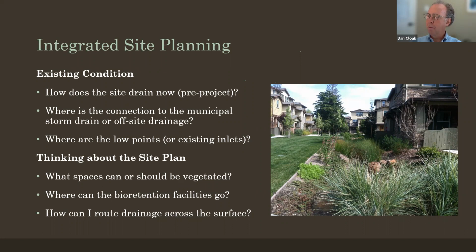And as difficult as that may be, I think the reward is apparent when you see it done well.